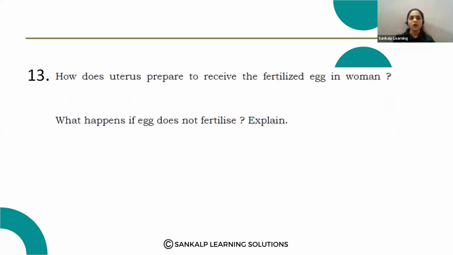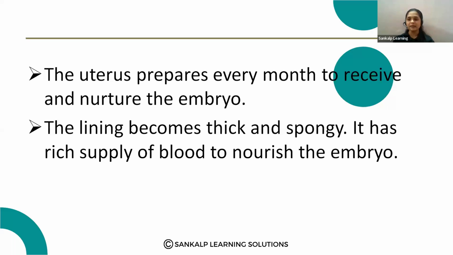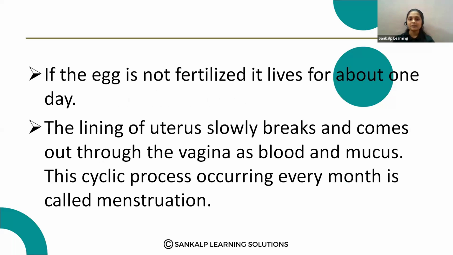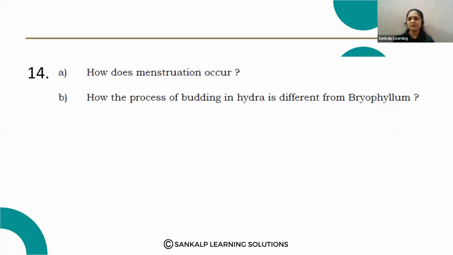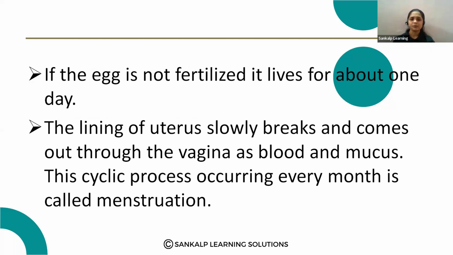Next question. What happens if the egg does not fertilize? Explain. If the egg is fertilized, it is implanted inside the wall of the uterus and develops into an embryo, a new organism, right? But what happens if there is no fertilization? If the egg is not fertilized, it lives about 1 day.